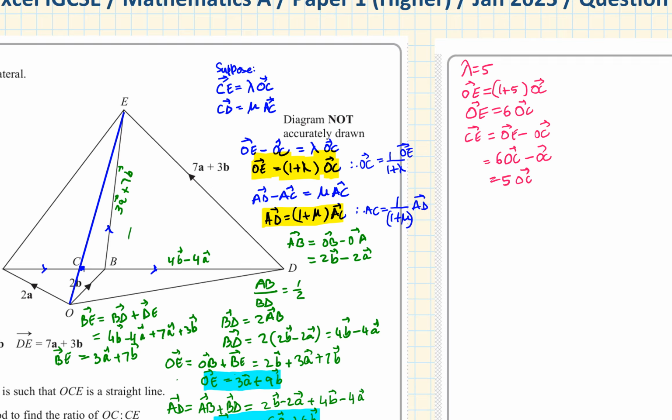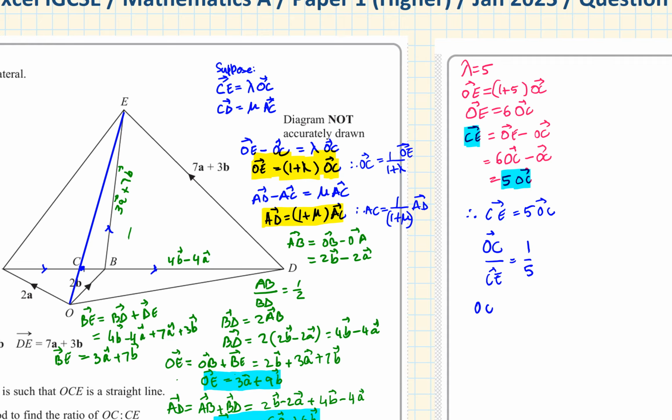So OC is to CE. This is the bit that we've been asked to find. CE is 5 times OC. So now we have to do the ratio. OC over CE is equal to 1 over 5.